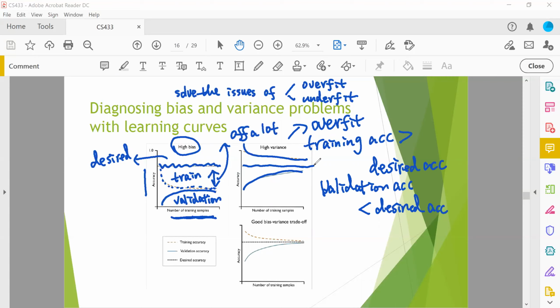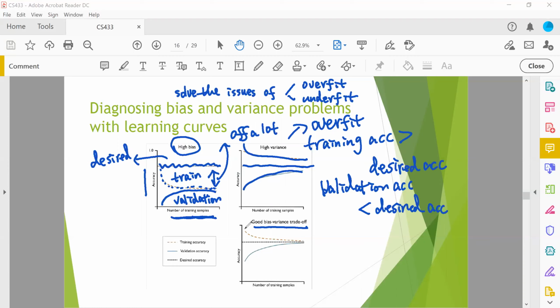So when we train our models, we can plot this kind of diagram, and it can help us understand if our training model is good or not. The best is this scenario, the best trade-off.